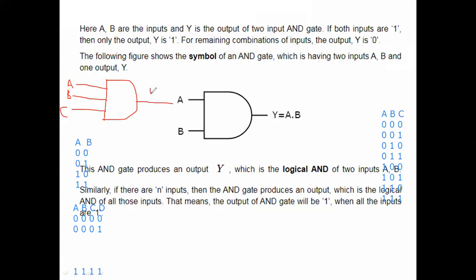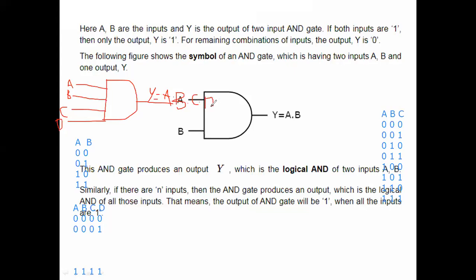The output Y is equal to A dot B dot C. Suppose four inputs are there, then another input D will be added. Here Y is equal to A dot B dot C dot D.